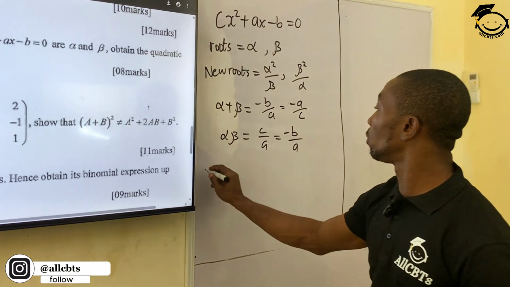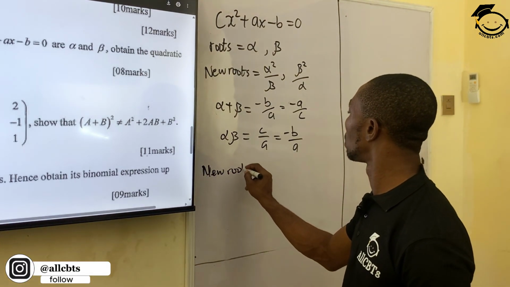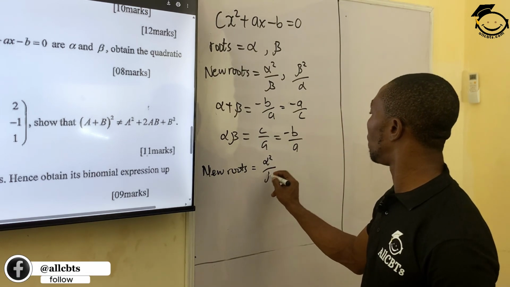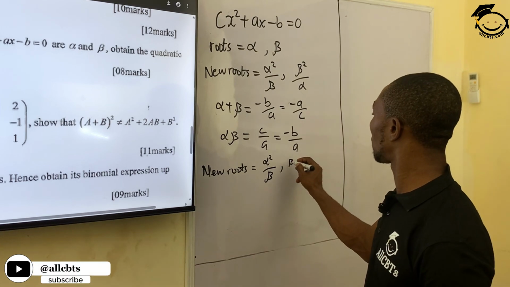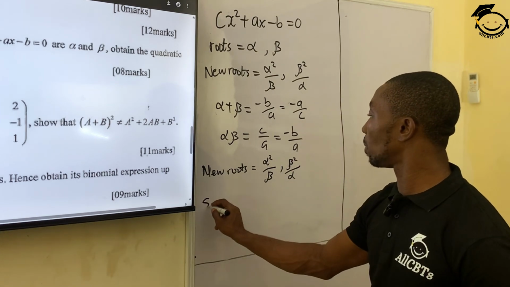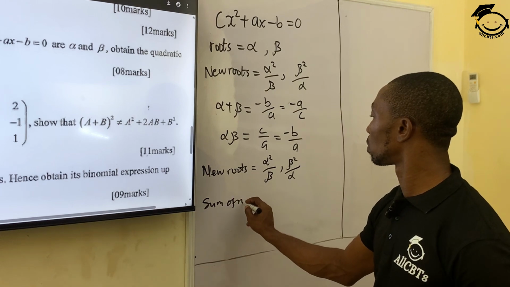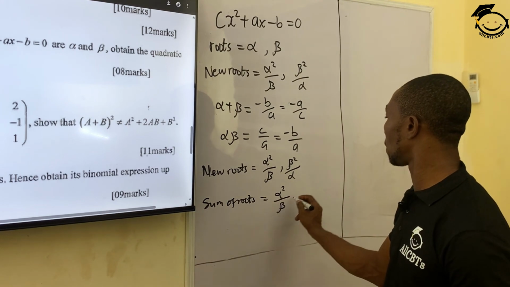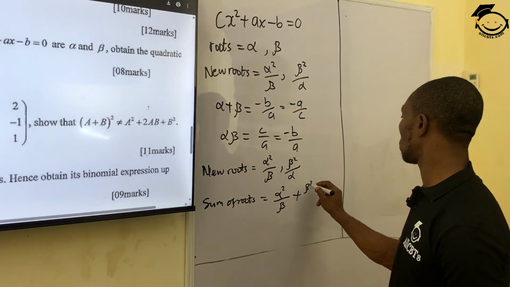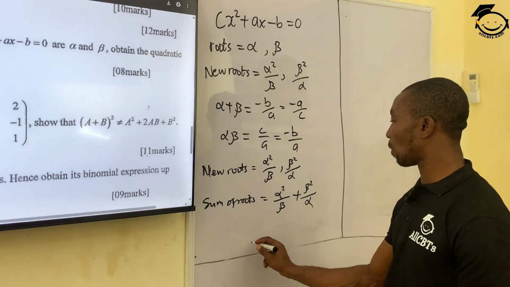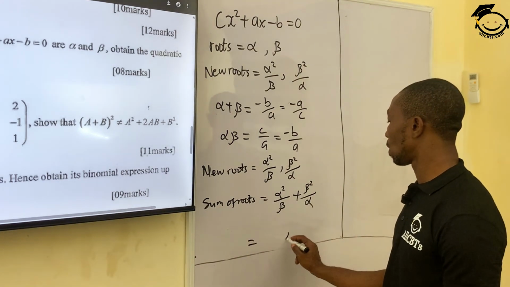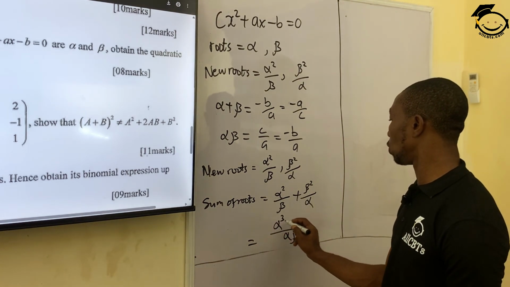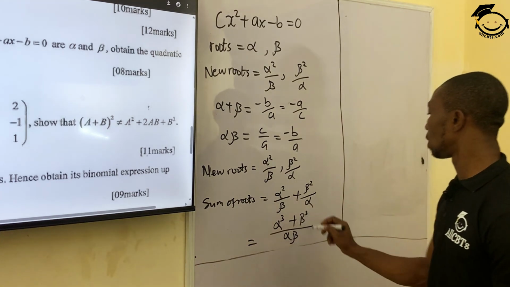All right, for our new roots, we have alpha squared over beta and beta squared over alpha. So the sum of roots equals alpha squared over beta plus beta squared over alpha. Here, our LCM will become alpha beta, all over, this will give us alpha cube plus beta cube.